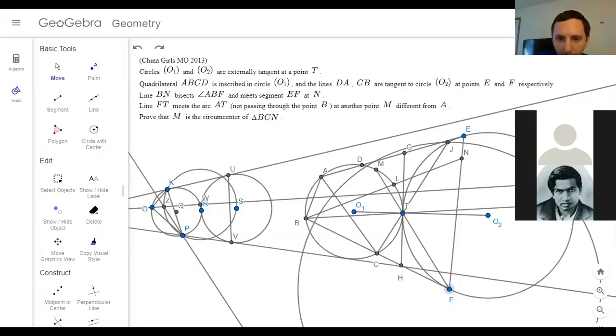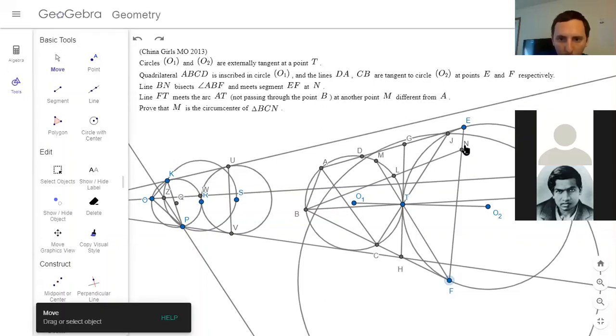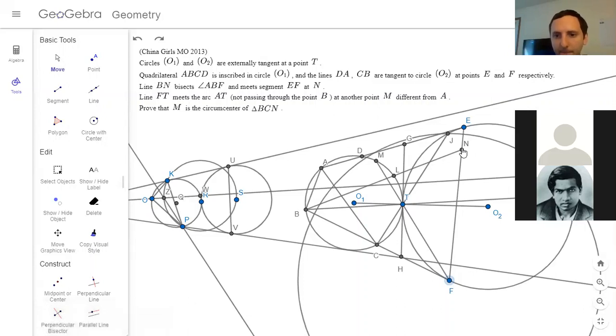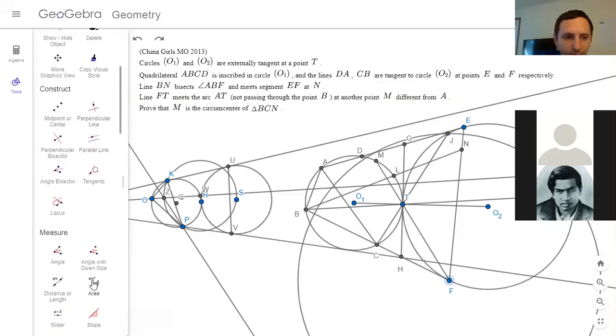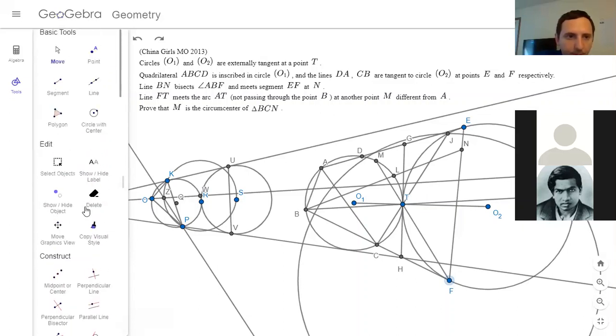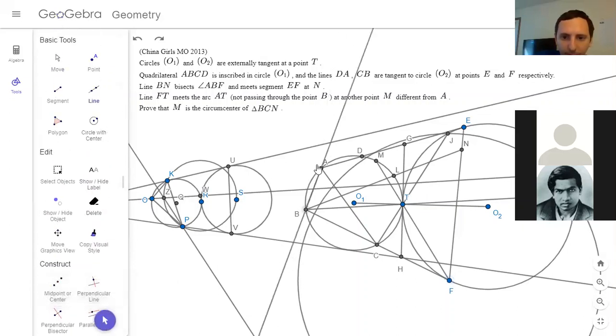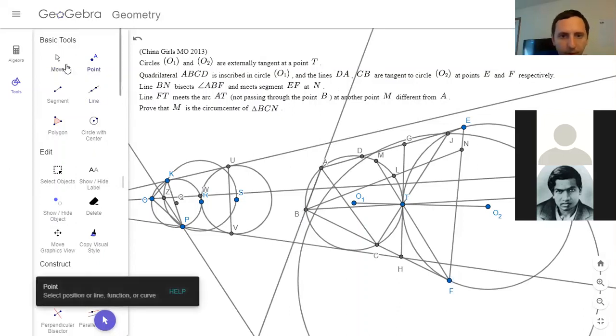But I wonder. So I'm looking at this little mini diagram right here. We're saying N is the excenter. Is that true? Have we ever actually checked that that's actually true? Sorry, it's getting messy. I'm going to erase some stuff in just a second.